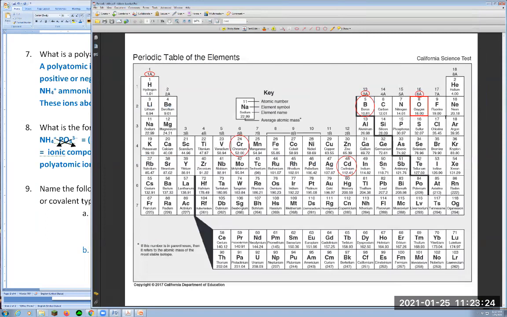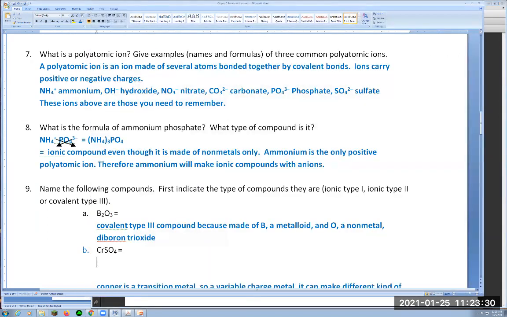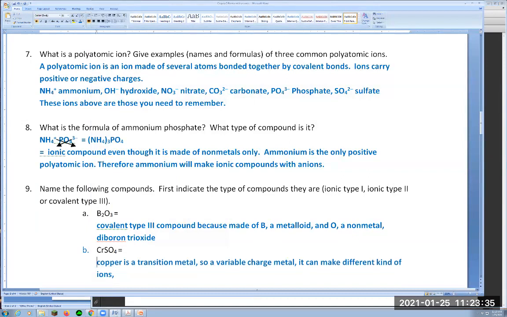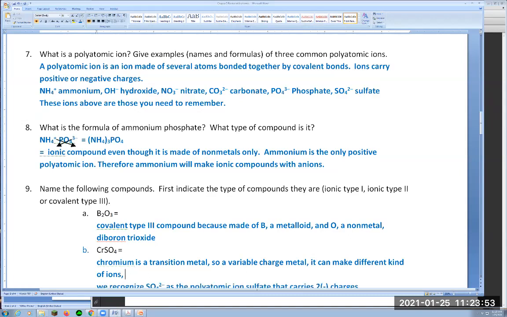So this is going to be a type 2 ionic compound because we have a variable charge metal there. Chromium is a transition metal, so a variable charge metal, because it can make different kinds of ion. So that means we have a type 2 ionic compound.